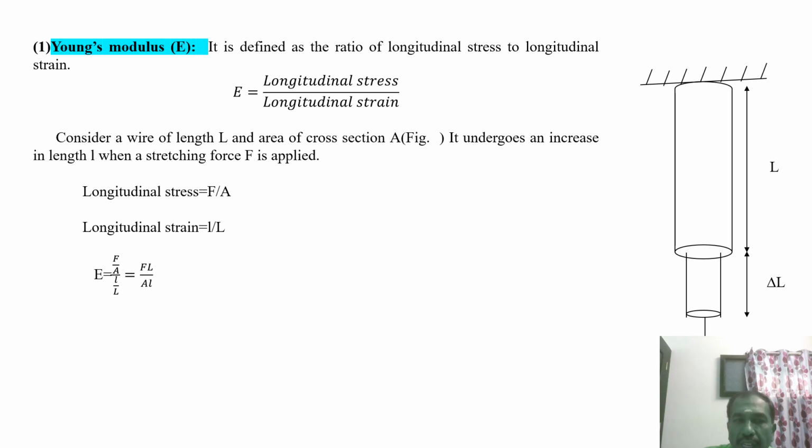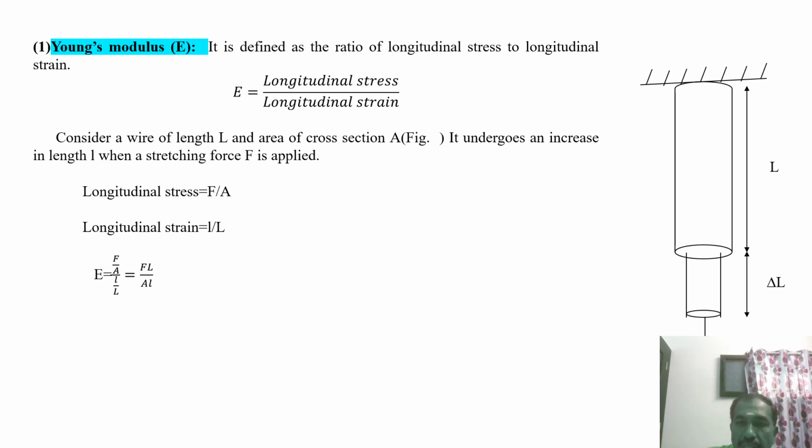The longitudinal stress applied to the wire is the force, nothing but the weight W equal to mg. The weight is one particular force applied on the area, so the stress is mg by A, or mg by pi r squared. And the longitudinal strain is relative to the original length.